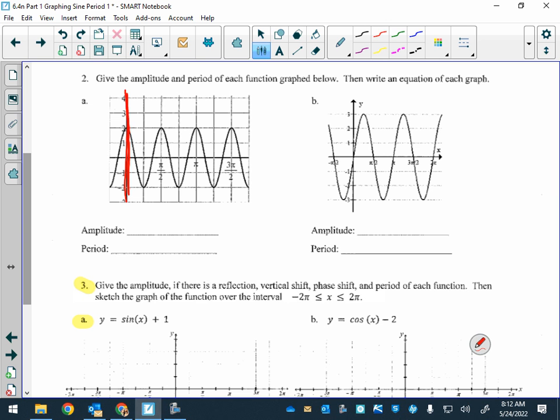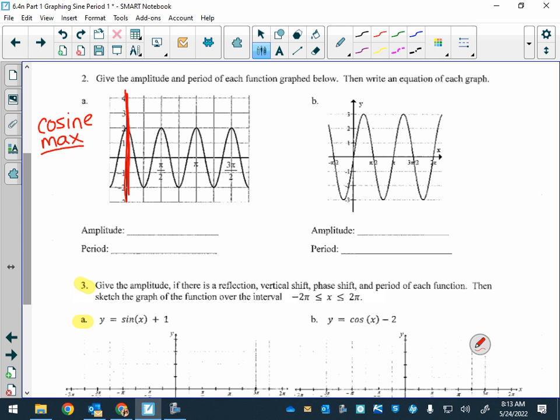So if I start at the y-axis, what type of function do you think we have? Cosine. Good. We have a cosine graph because it's starting at the highest point. According to this, what do we think the period is from start to finish?